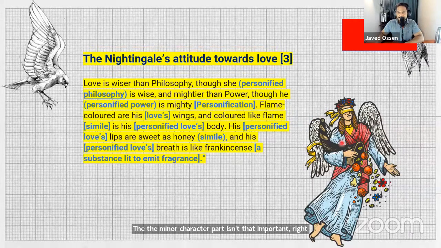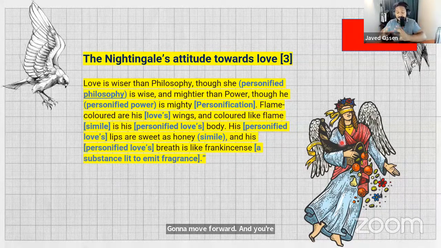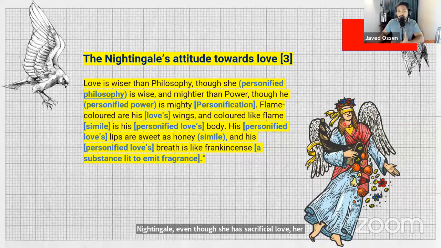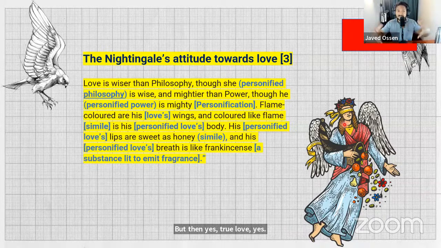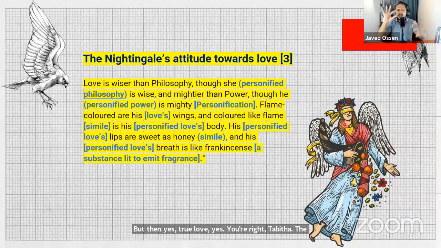Kidding, gonna move forward. And you're right, basically, the nightingale, even though she has sacrificial love, her idea of the young student is wrong, okay? You're right, the nightingale was quick to judge. You're right, Zia. But then, yes, true love. The nightingale understands true love and sacrificial love. She made a small mistake by thinking that the young student has true love.